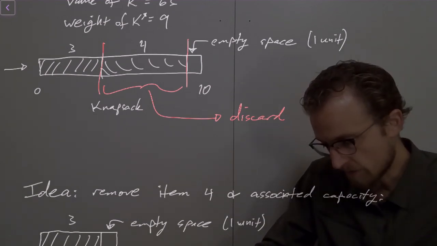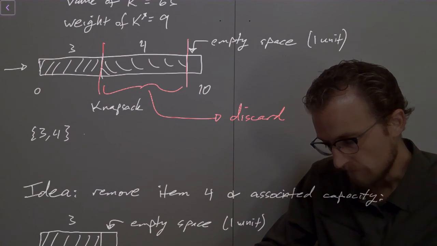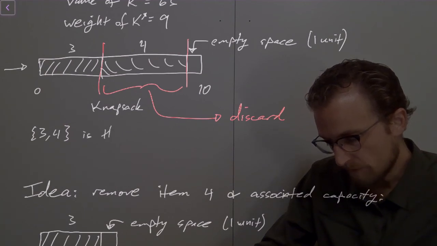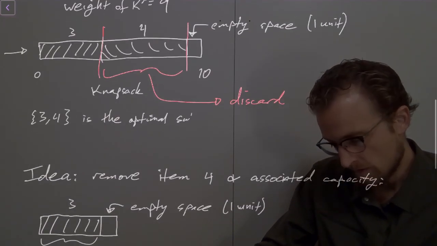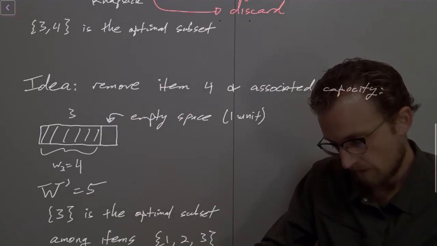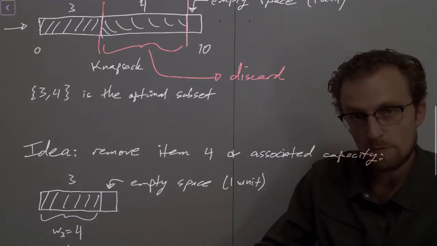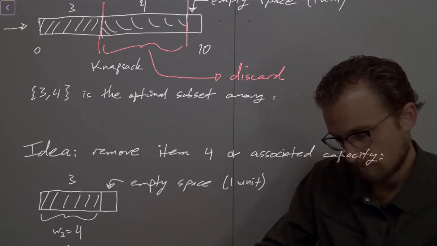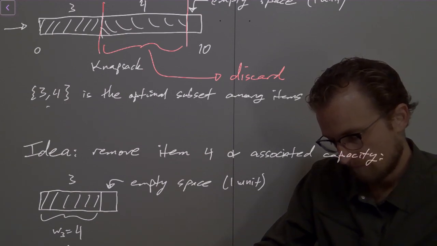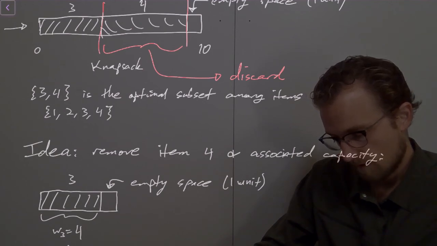So what is my subset here? My subset is 3 and 4. And I can say this is the optimal subset among items 1 through 4, 2, 3, and 4, when the capacity is 10.